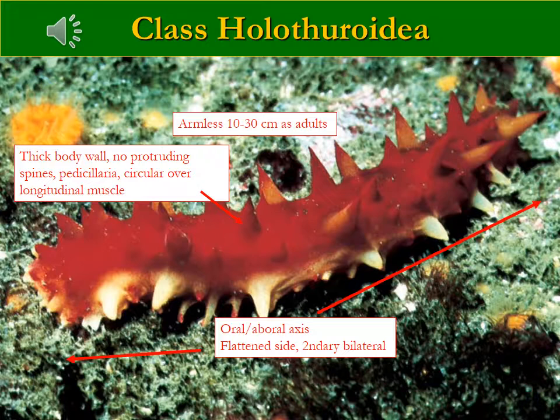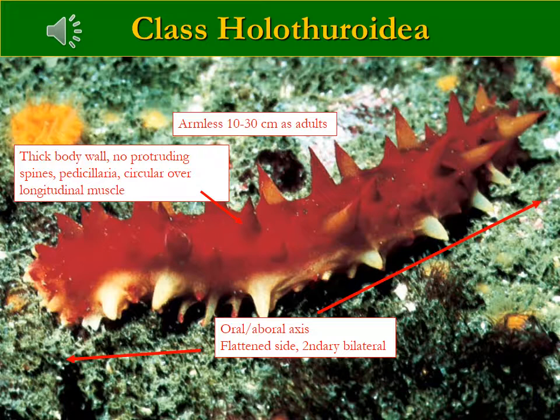And underneath the animal, I guess we can call it the ventral surface for now, is kind of flattened. So again, it's a bilateral creature with a pentaradial form that has secondarily returned to a kind of bilateral appearance. Strange.